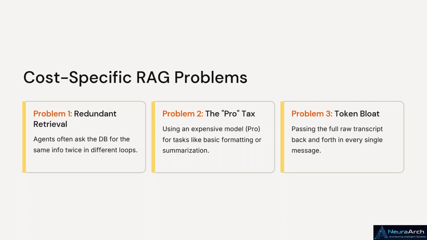So if all LLMs are pro, you are going to pay more. And then third is the token bloat. Passing the entire script as an input to an LLM will definitely increase your costs, because the number of tokens consumed is directly proportional to cost. So that's the third problem.